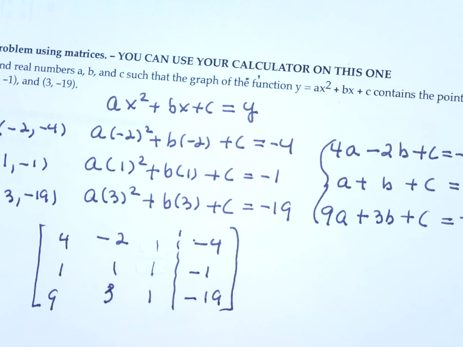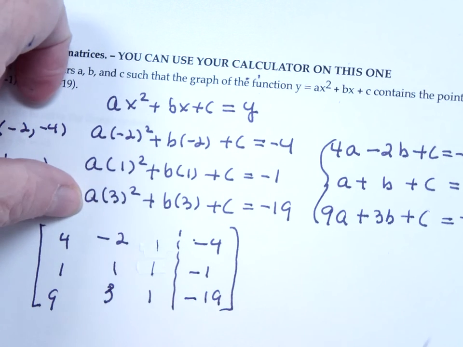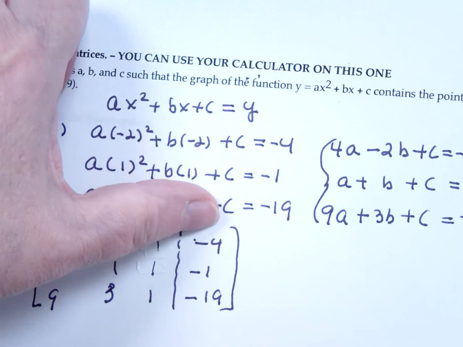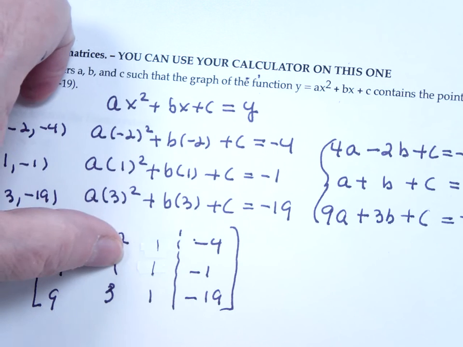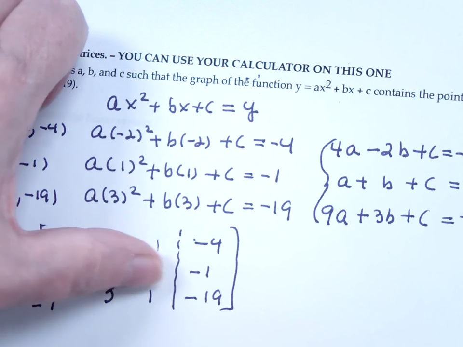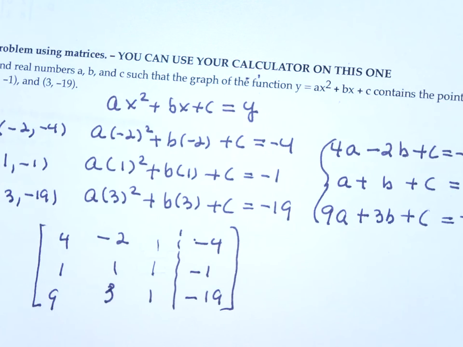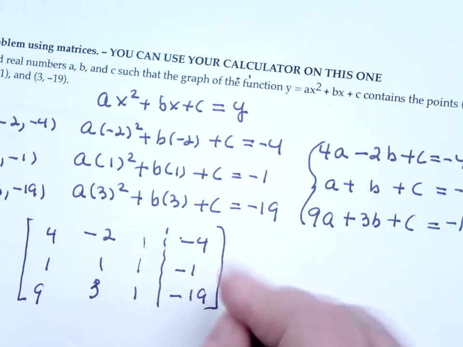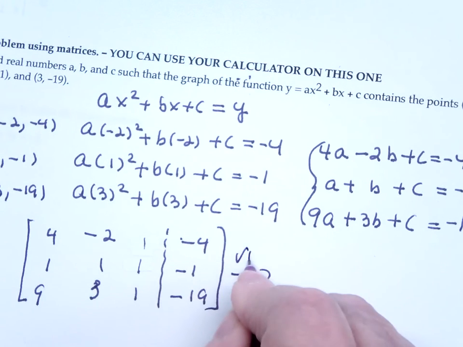So make sure I've put it in correctly: 4, negative 2, 1, negative 4, 1, 1, 1, negative 1, 9, 3, 1, negative 19. So we're okay there. Now I'm going to put it in my calculator and RREF it.